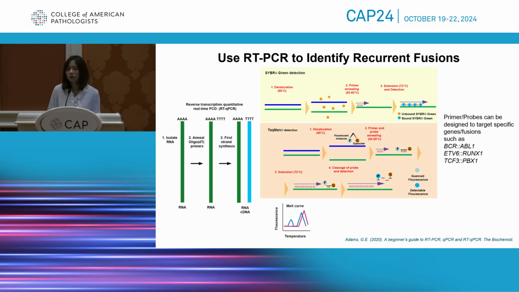TaqMan, how does it work? TaqMan is sequence specific. Usually the TaqMan probe is composed of two parts. The 5' end is a fluorophore, and the 3' end is a quencher. When the fluorophore is very close to the quencher, it stops fluorescing, so you're not going to see anything. The probe just sits where the sequence is.